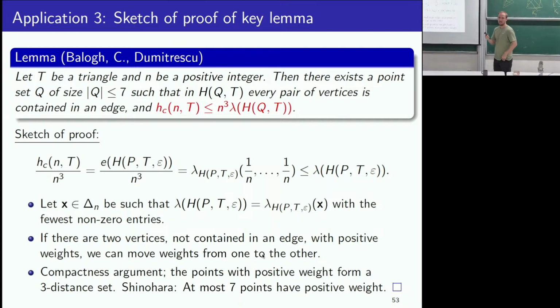But the given triangle has 3 different side lengths, A, B, and C. So the small point set we have obtained is a point set with pairwise distances A, B, or C, and such point sets simply cannot be large. There's a result by Shinohara which says if you have such a 3-distance set, then such a point set cannot be too large. It can be at most of size 7.